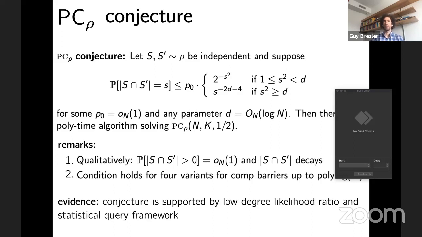All right, now, why should we believe this conjecture? Well, it's supported by a heuristic called the low degree likelihood ratio. It's a proxy for sum of squares algorithms, as well as the statistical query framework for arguing about computational hardness.